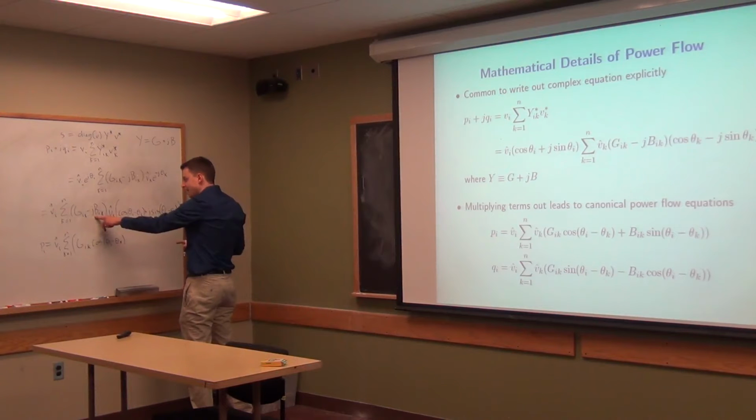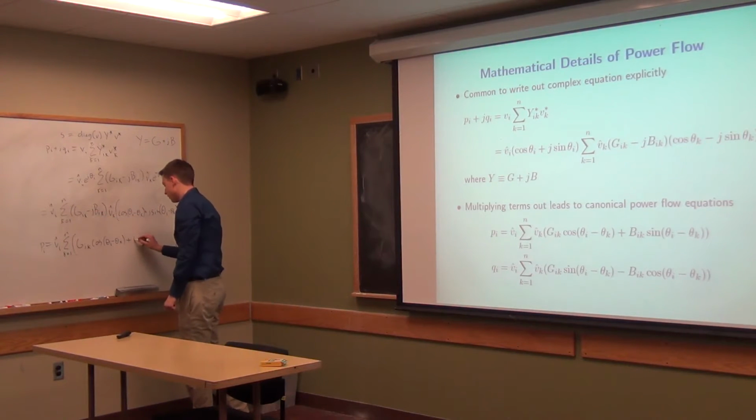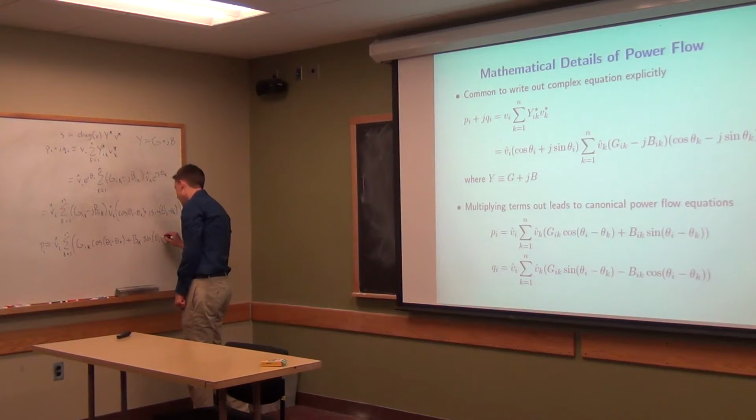Next, we have minus b something and then plus something else here. When we multiply the j's together, though, those create minus 1. So we have plus b_ik times the sine of theta i minus theta k.